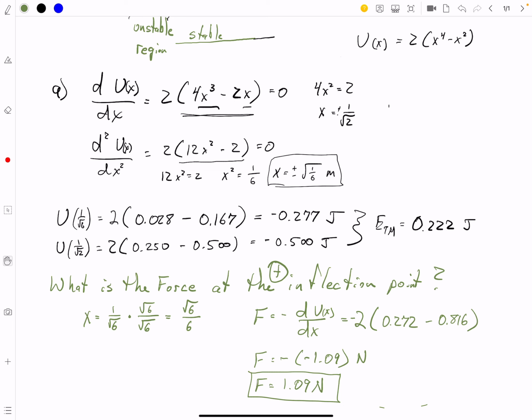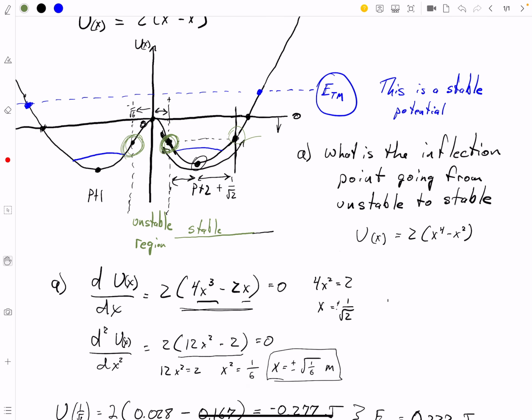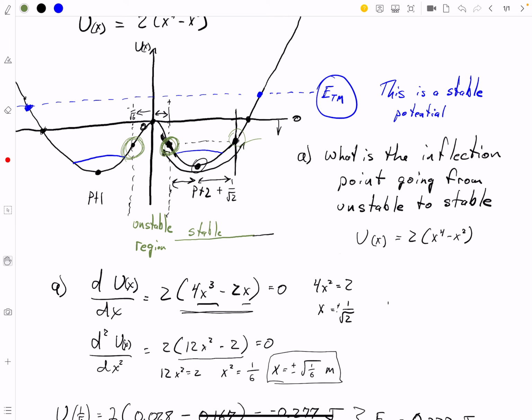And it's in the positive direction, which is perfect. We're pointing in this direction, which is perfect because we know that the ball or whatever it is is going to be forced to go to the positive x direction. When it gets back up to this point, it's going to be going that way.